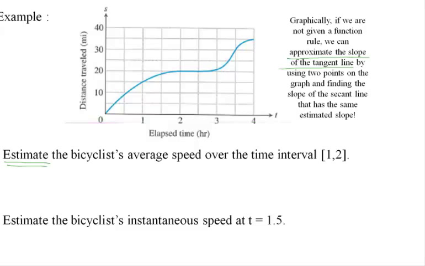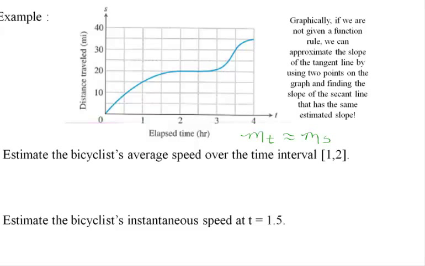This does not say find the bicyclist average speed or find the bicyclist instantaneous speed. It says estimate. So isn't a good approximation for the slope of the tangent line going to be the slope of the secant line? And we'll talk about how we find that and ensure that it is a good approximation.